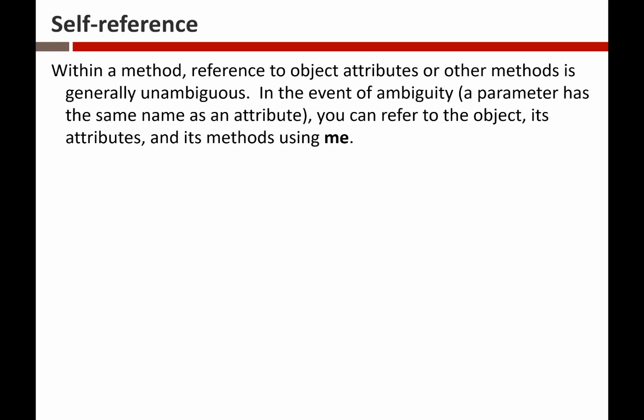And so my code would look something like this. I have me and then the arrowhead, which is a dash and a greater than symbol, and then the name of the attribute. So we could do me, arrowhead, age equals age. And in this instance, on the right side of the equal sign, this right here, this is the parameter, and this right here, this is the attribute.